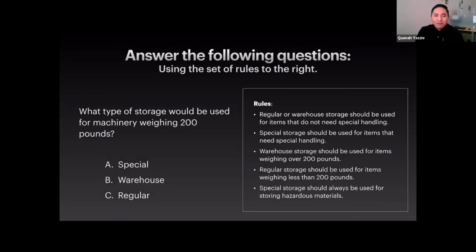And then this one: what type of storage would be used for machinery weighing 200 pounds? What do you guys think?